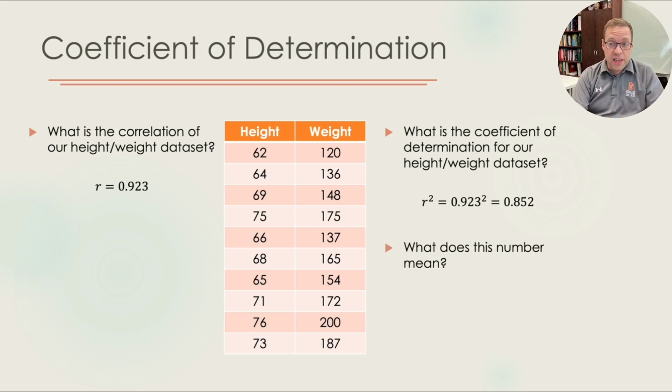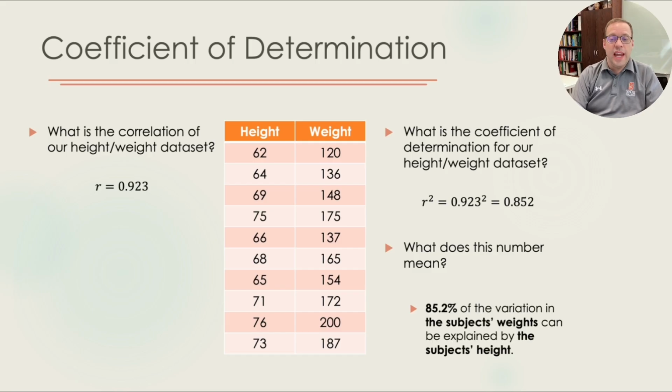So what does this number mean? Well, here's how I would interpret it. 85.2% of the variation in the subject's weight, that's my Y variable, can be explained by the subject's height. That's my X variable, right? Hence why the X variable is called an explanatory variable.